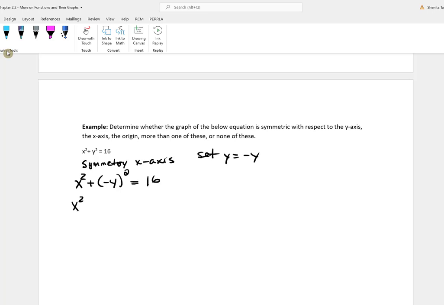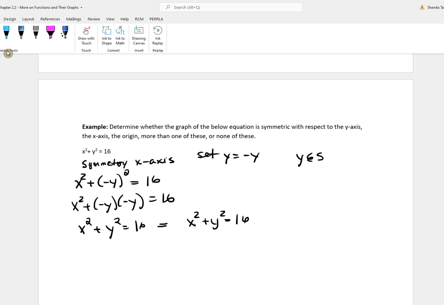Negative y squared is just negative y times negative y, which is just y squared. So this is equivalent to our original problem of x squared plus y squared is equal to 16. So yes, this is symmetric about the x-axis.